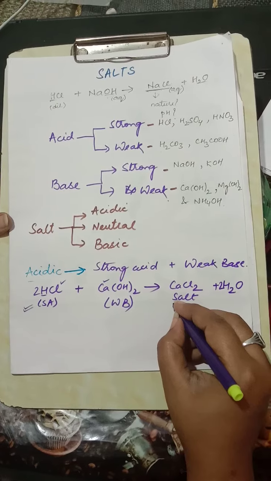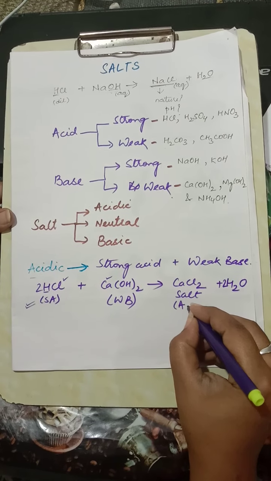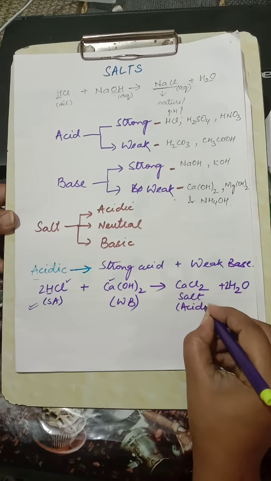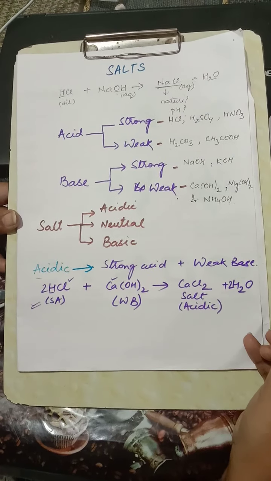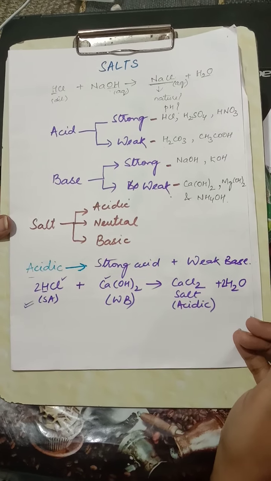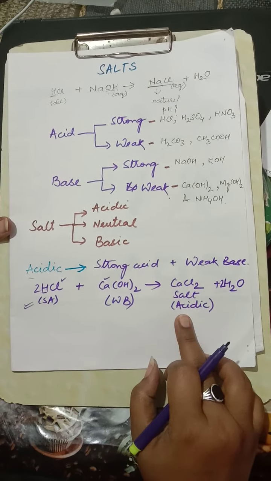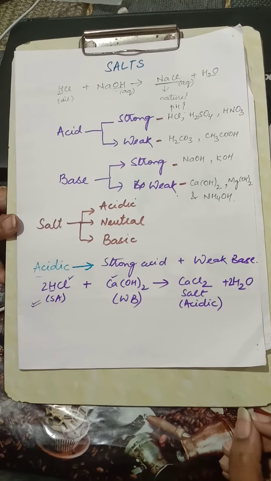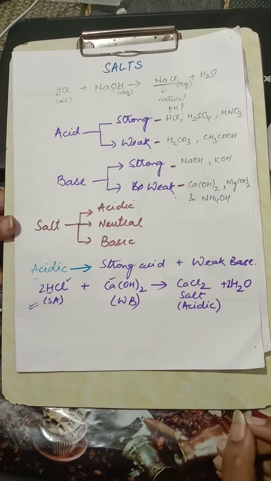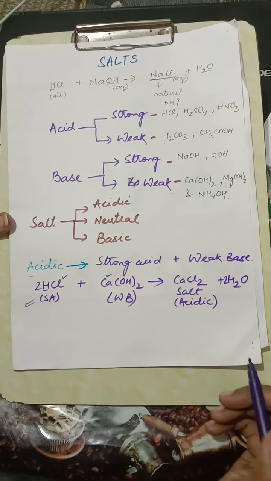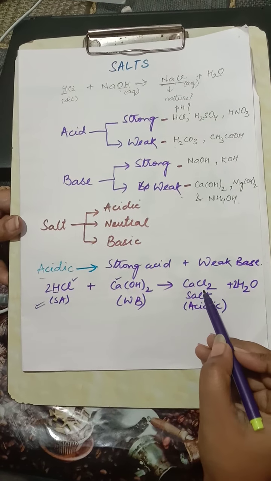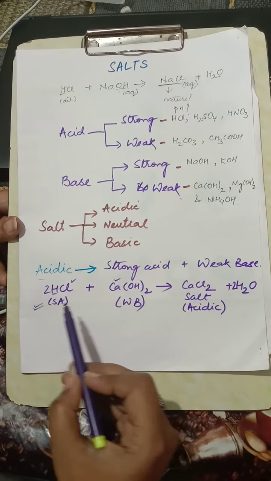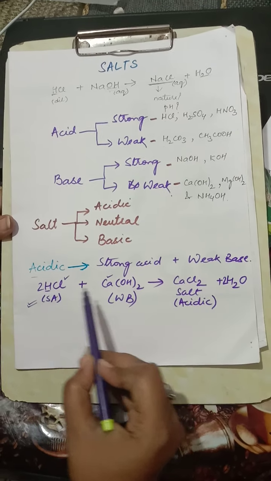So the nature of calcium chloride here is acidic. If it is acidic in nature, it is quite obvious its pH value will be less than 7.